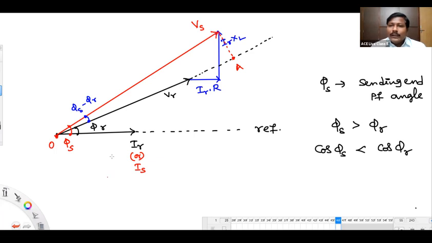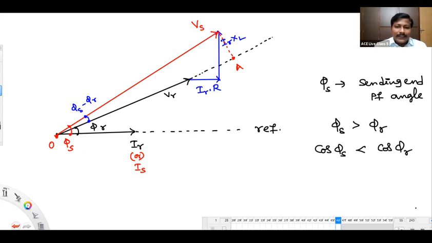See, it's a right angle triangle. From this, OA will be equal to VS into cosine of phi s minus phi r. That's the OA length.